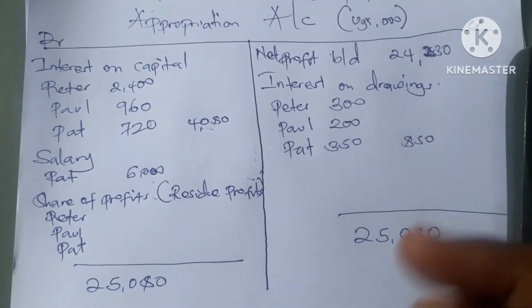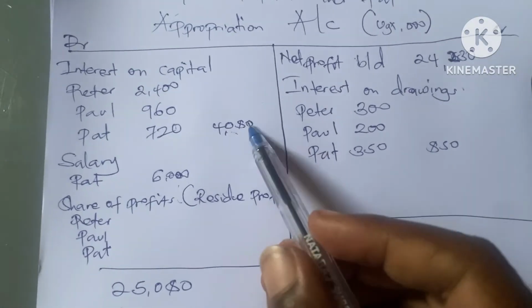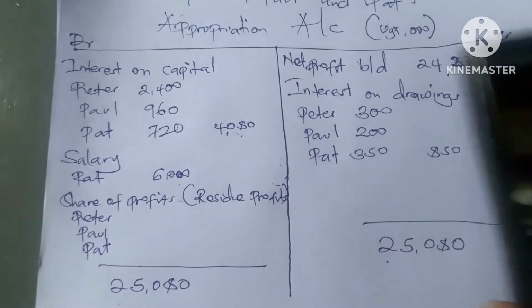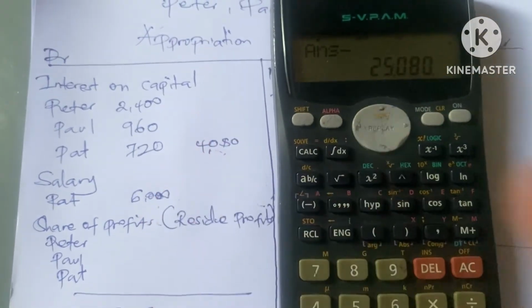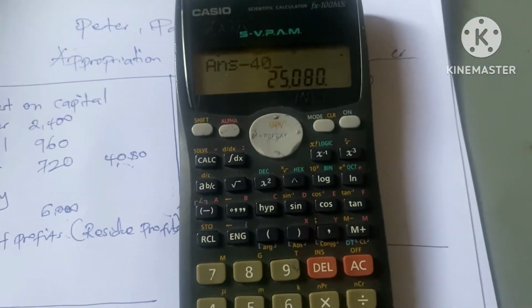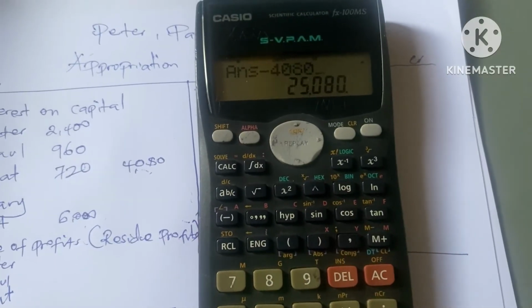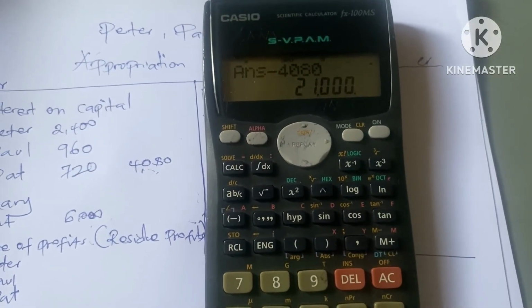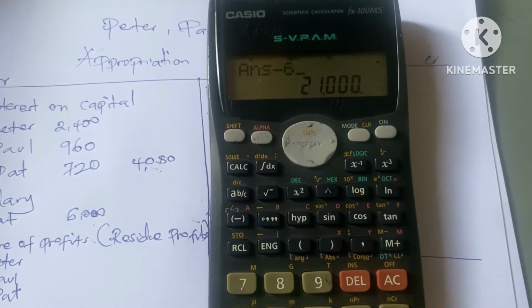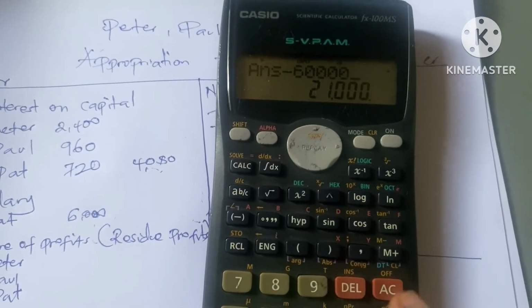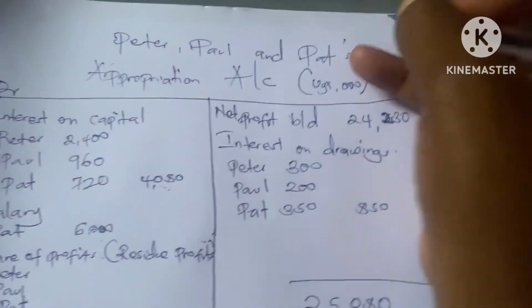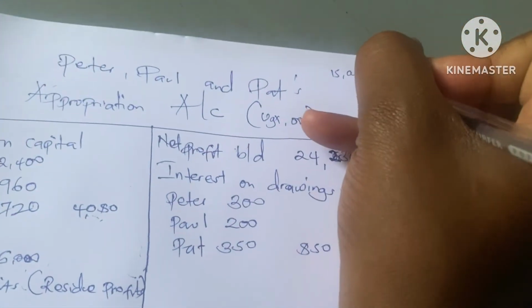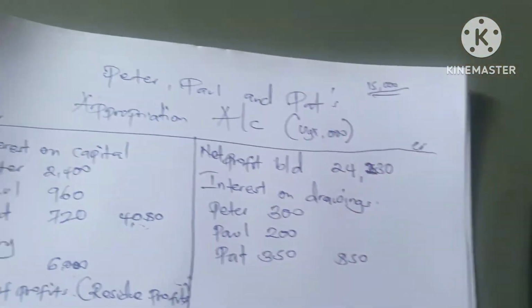So the difference between this total and these will be the profits. This total minus 4,080, then minus 6,000, which is 15,000. So the profit is 15,000. Let me write it here just for remembering.